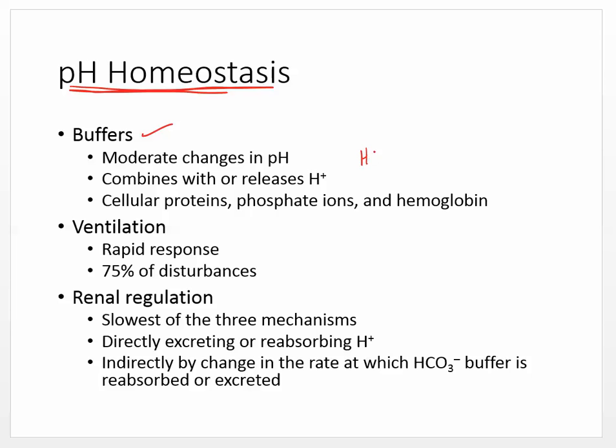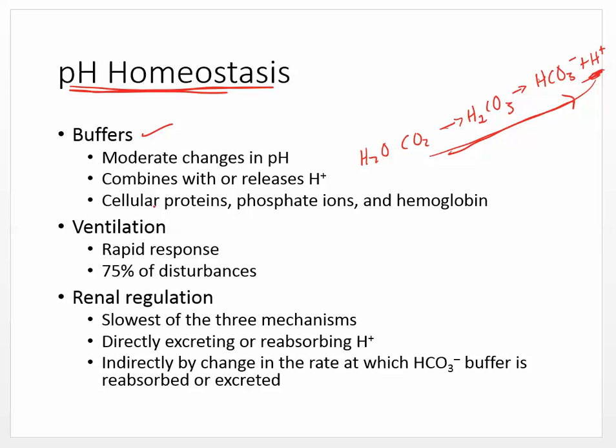The main buffer, of course, is the blood buffer, which is carbonic acid, and it can go in either direction. It can go in the direction where you get rid of the hydrogen, or in the direction where you actually produce more hydrogen. So it works in a certain range.